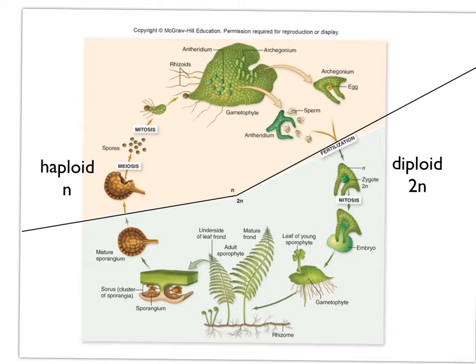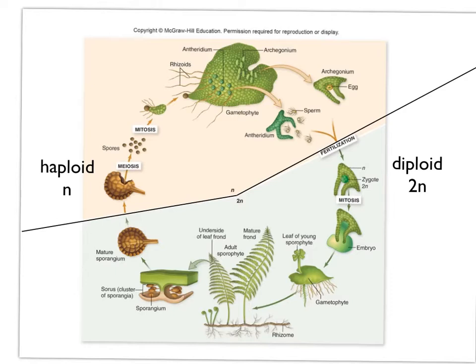That's a haploid structure. Then, for vascular plants, for the most part, you have a sporophyte-dominated life cycle. That's 2N.